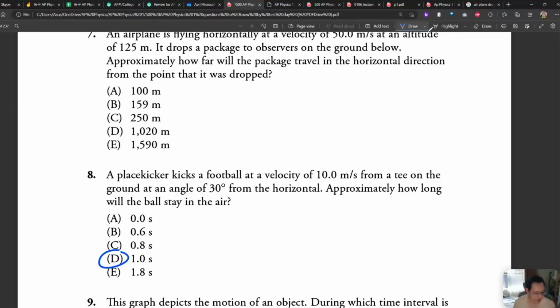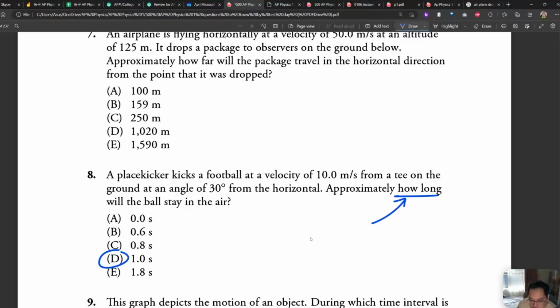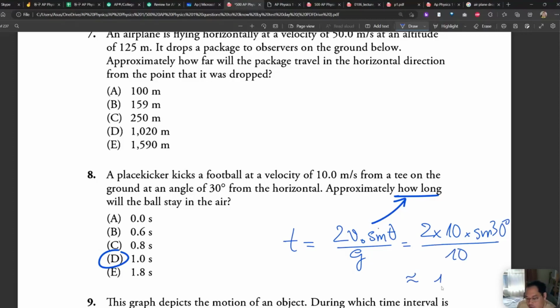So if you remember the equation, the time, how long the time is, 2 times V0 sine of the angle divided by g: 2 times 20 times sine of 30 degrees divided by 10, approximately equal to 1 second. So 125 meters, it takes 5 seconds, huh?